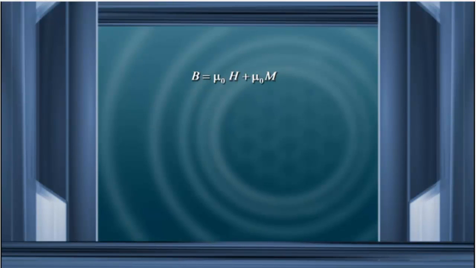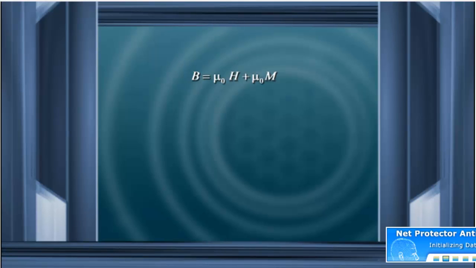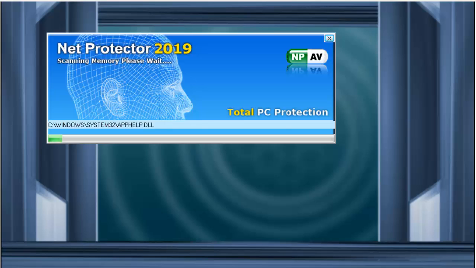If I add the magnetic field generated due to the current in the coil and due to this additional material that we placed inside it, for which susceptibility may be given as xi, this value can be written as B is equal to mu naught H plus mu naught M. Mu naught H is the contribution by the current in the solenoid, and mu naught xi H is that due to the material. So, B is equal to mu naught (1 plus xi) H, or mu r is equal to 1 plus xi.